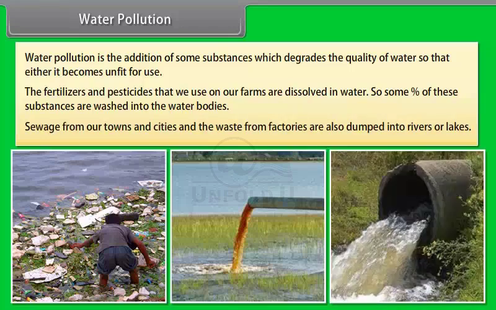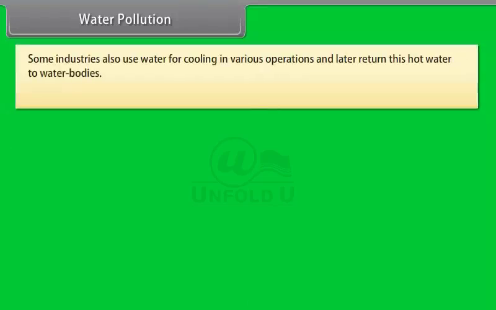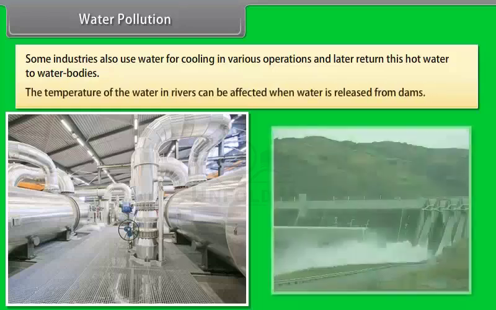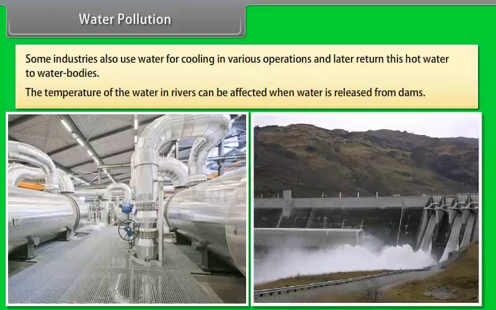Sewage from our towns and cities and the waste from factories are also dumped into rivers or lakes. Some industries also use water for cooling in various operations and later return this hot water to water bodies. The temperature of the water in rivers can be affected when water is released from dams.